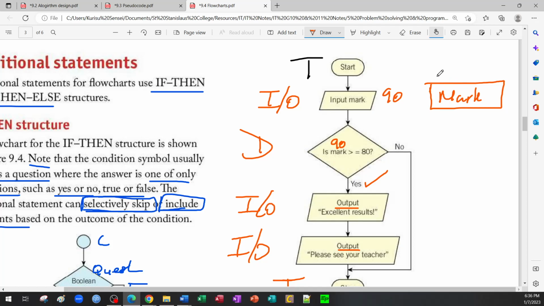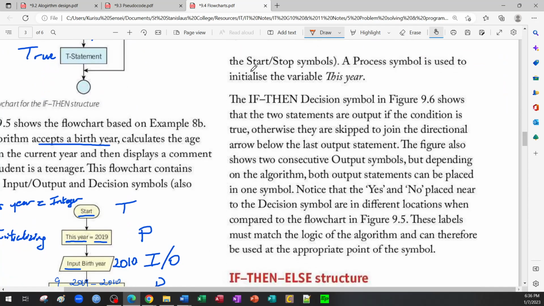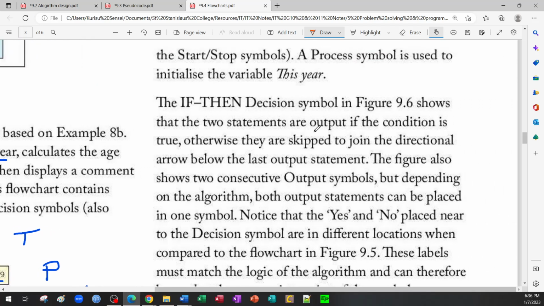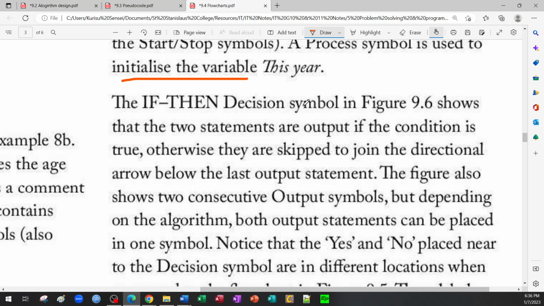Okay, sir. Alright, so let me just go through this paragraph and then we're going to wrap up. A process symbol is used to initialize the variable, this here. Now, the if-then decision symbol in figure 9.6, the one we just covered, shows that two statements are output if the condition is true.